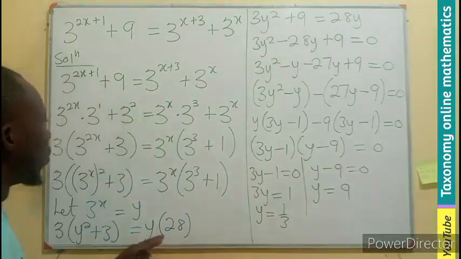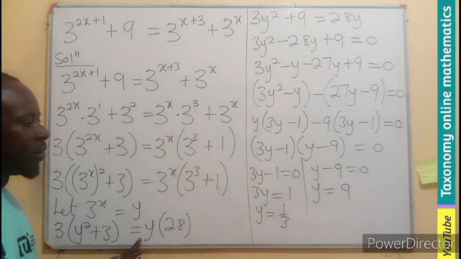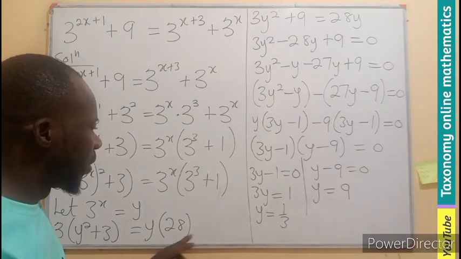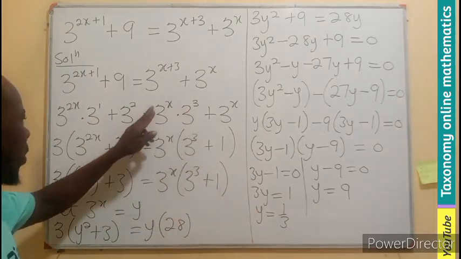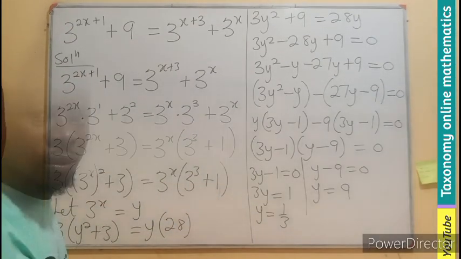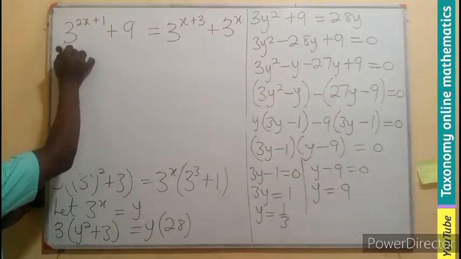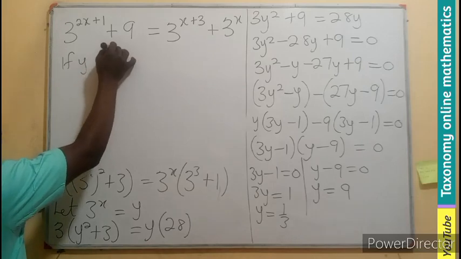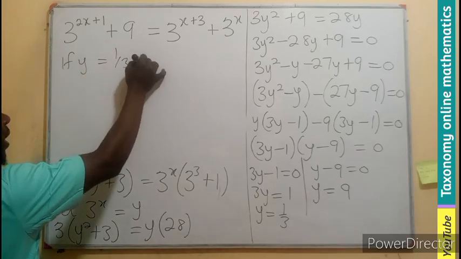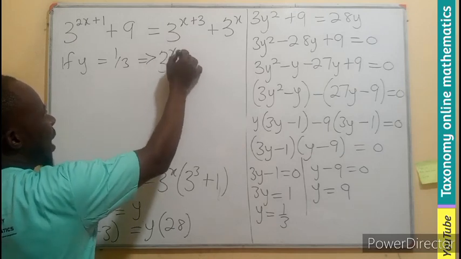But don't forget, we are not looking for y. We are looking for x. So what do we do? We replace the value of y with what? The original term, 3 exponent x. So in this case, if y equals 1 on 3, then we can say that y is already here as 3 exponent x.